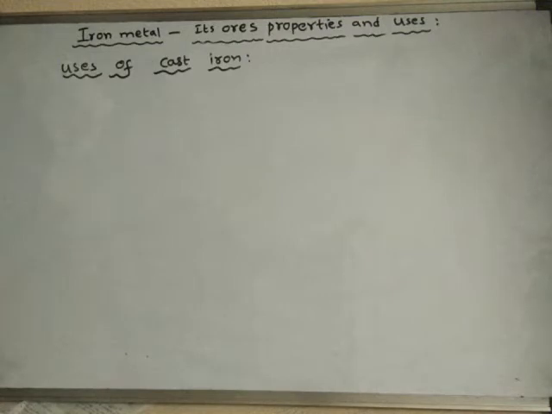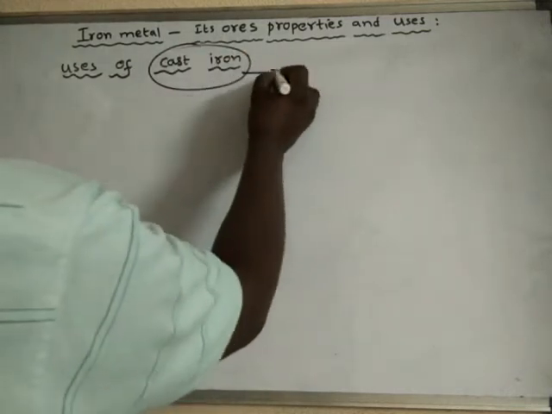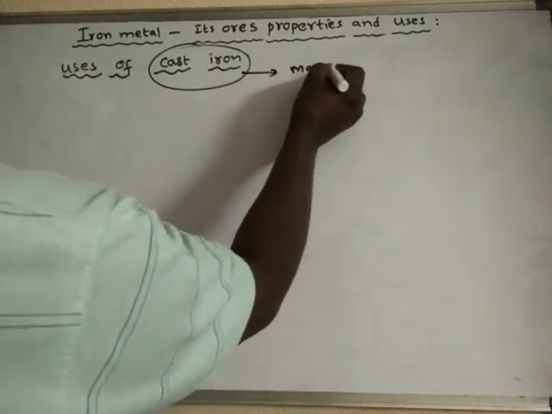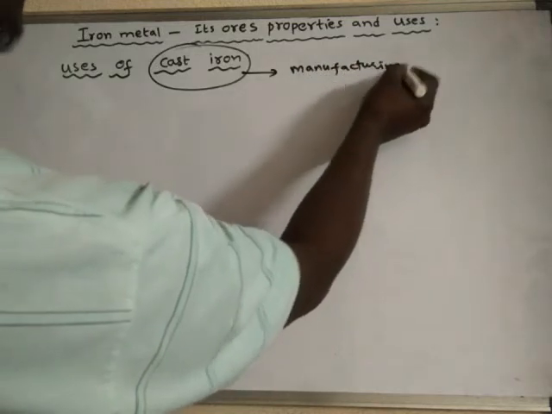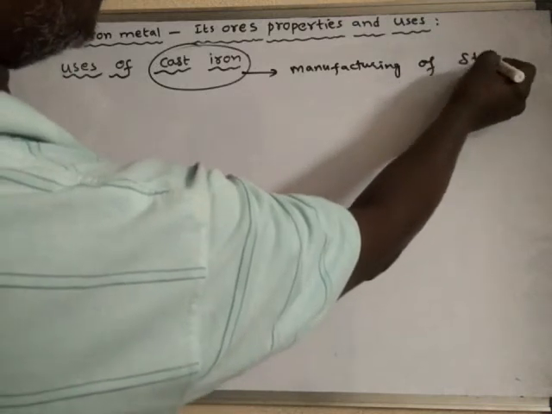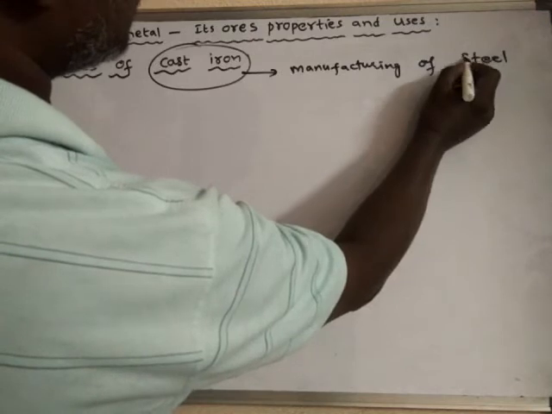Generally this cast iron is most important. It is used in the manufacturing of steel; steel is manufactured by using cast iron.